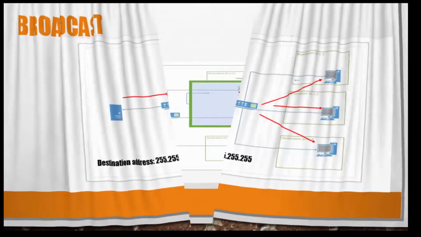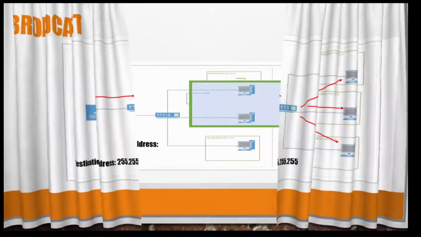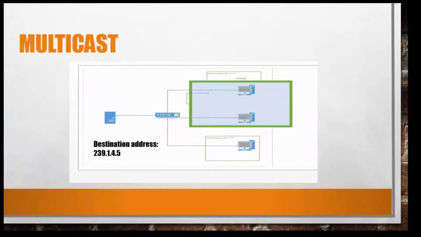Now we want to talk a little bit about multicast. Multicast provides a technology where a single host sends traffic to multiple but very specific destinations. For example, you have a company that has 300 users, and you want to send a video in multicast to the people from the marketing department, where there are only 15 users.